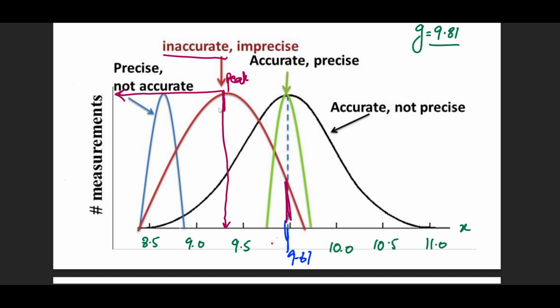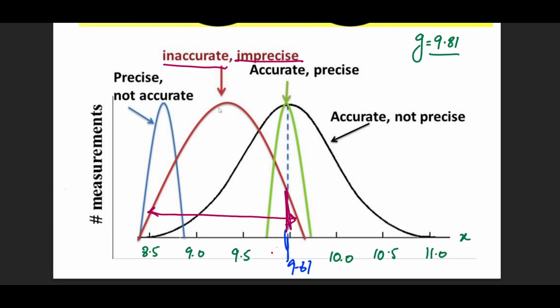It could be 9.4. So the accuracy of this setup is very low. And are they precise? No, they're not, because again, the data is so scattered that I cannot give my prediction for the next answer, since my confidence is low in the precision or in the repeatability. The precision will be low. So it is imprecise and it is inaccurate.